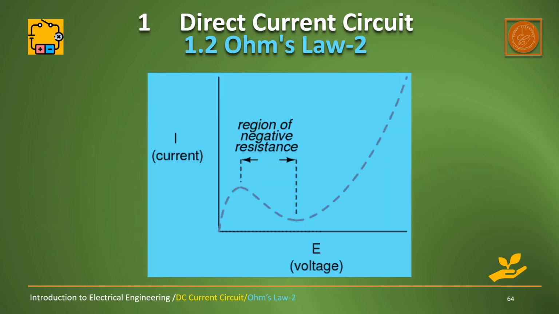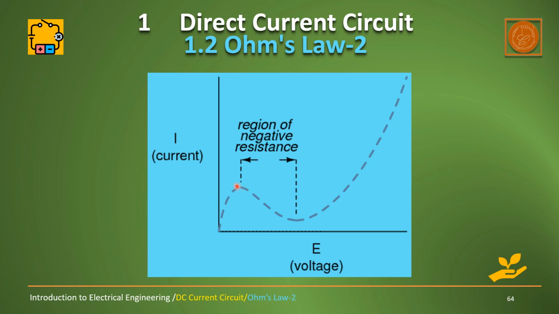Let's take a look at this picture. In this graph, we can see the curve in this area is positive: when the voltage increases, the current will increase too.